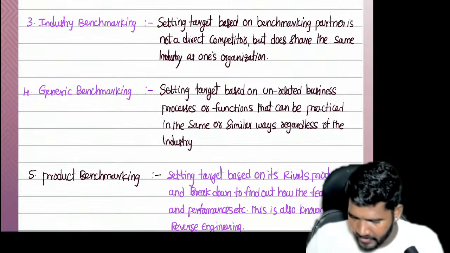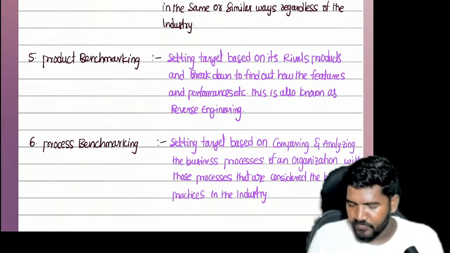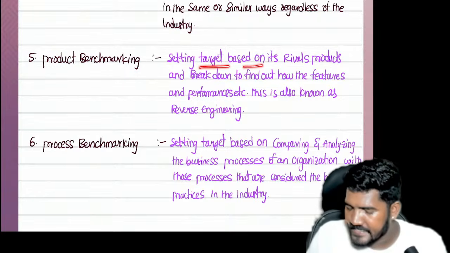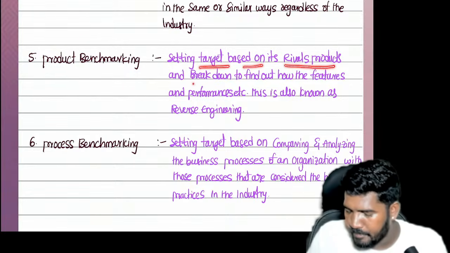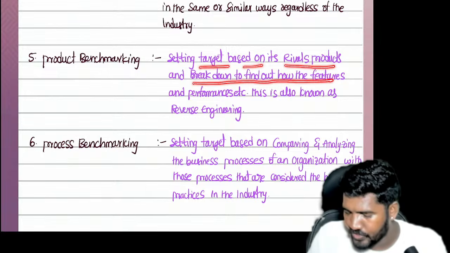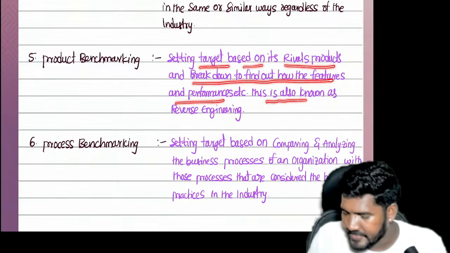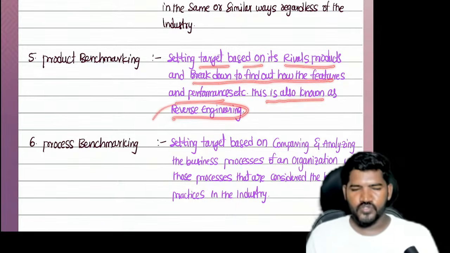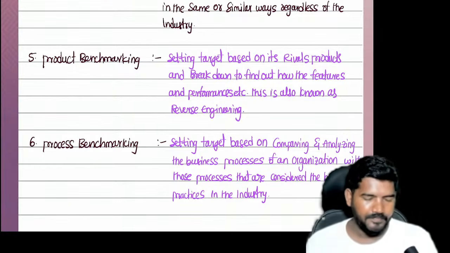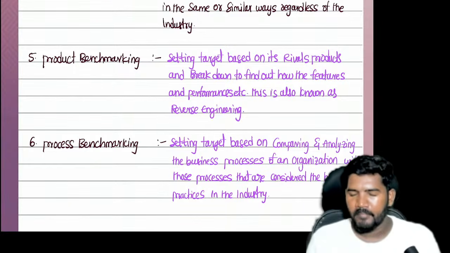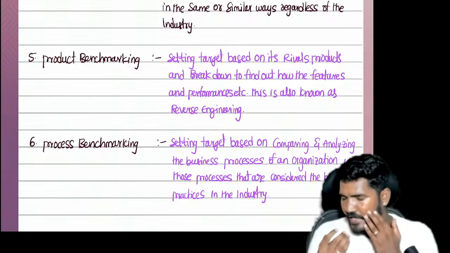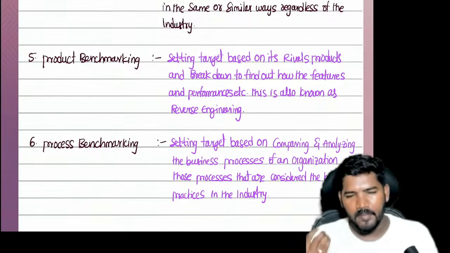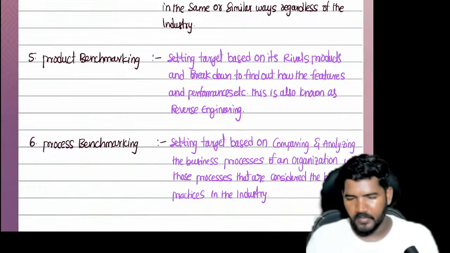Next, product benchmarking: setting a target based on rival products and breaking them down to find out their features and performance, etc. This is also known as reverse engineering. For example, I started a cool drink manufacturing business. My competitor is Cam Cola. So I purchased a Cam Cola bottle and split it open.